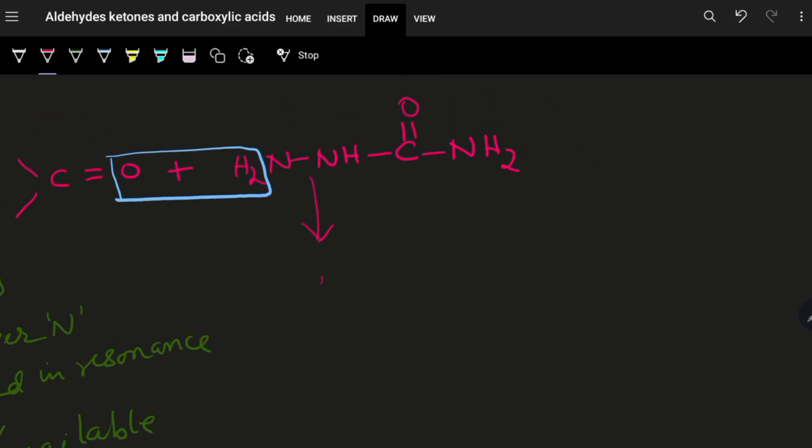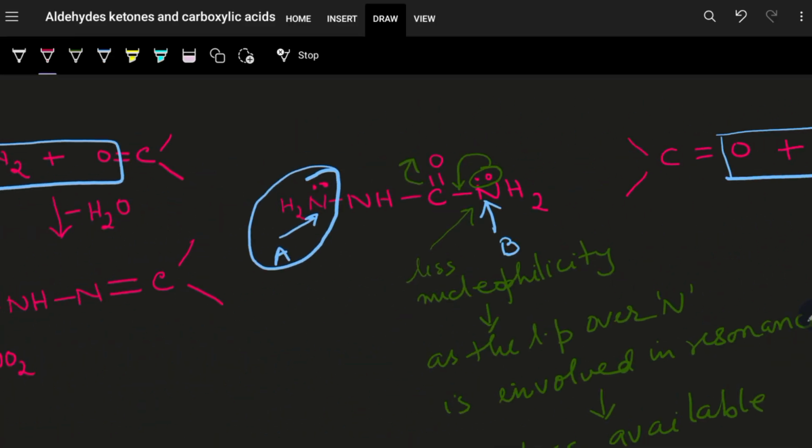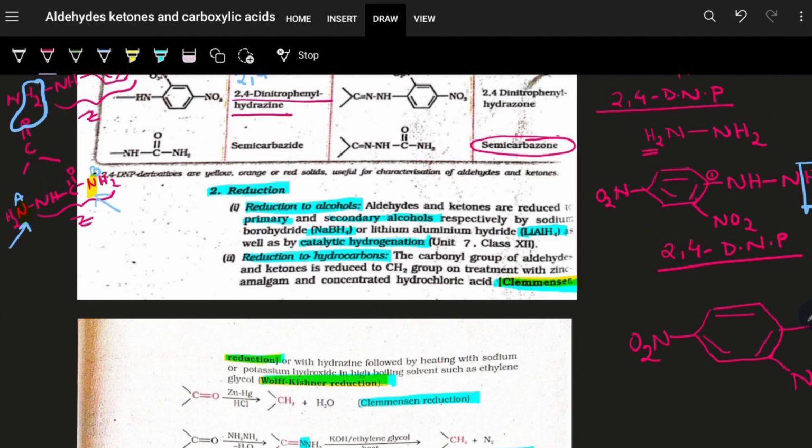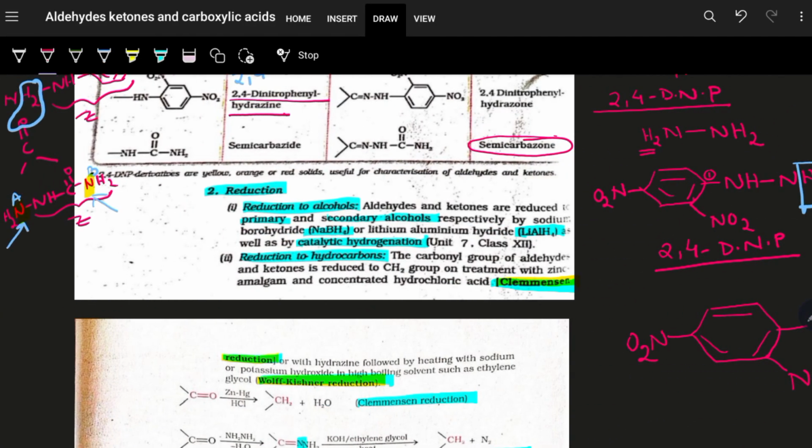So what we get? The addition product by the elimination of H2O, C double bonded N, NH and C double bonded O, NH2. So this end is getting involved in the reaction and acting as the nucleophilic end.